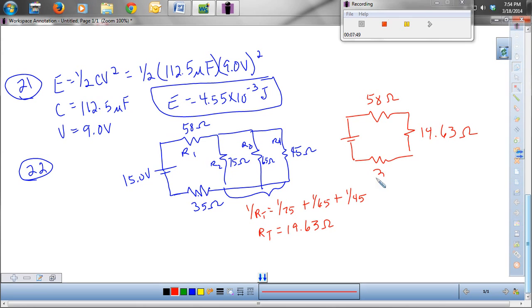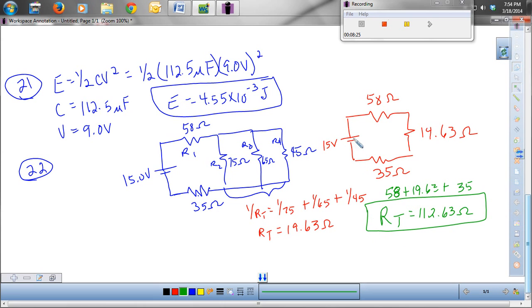And this one is 35. So then I just added up 58 plus 19.63 plus 35. And that gave me the total RT as 112.63. Okay, so I finally got the total resistance, and that was one of the things they wanted to know.